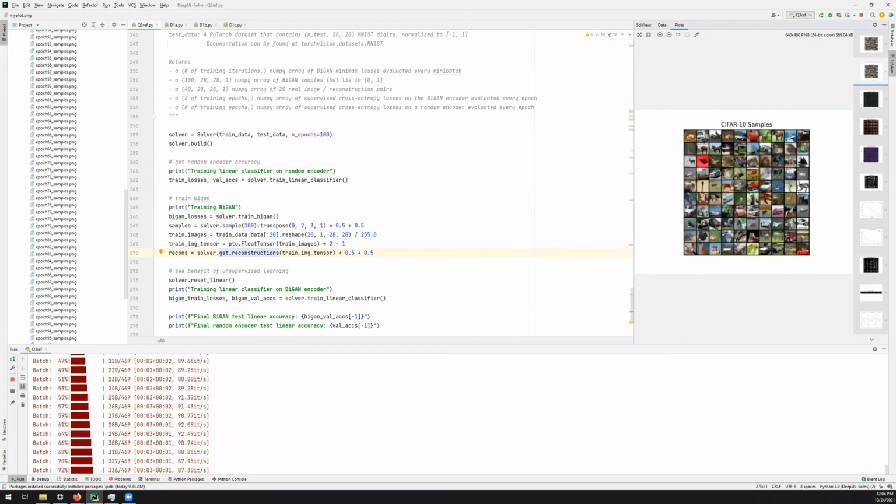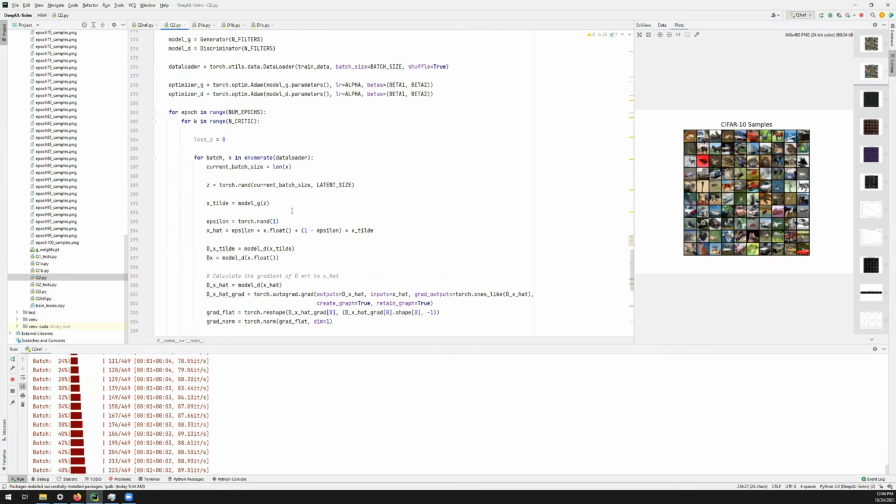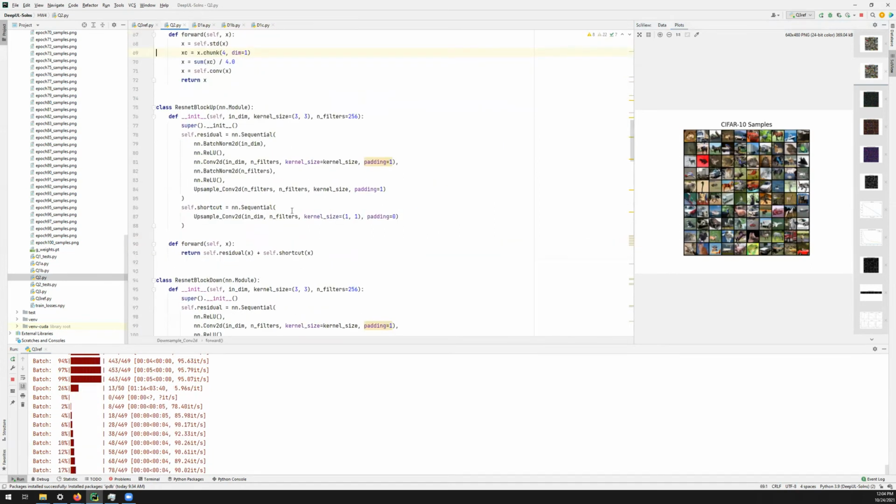So I think the images are smaller. Slightly bigger, I think, right? Is it 32 by 32 for CIFAR? I forget now. Versus 28 by 28. Yeah, I don't know. I forgot how much it is.